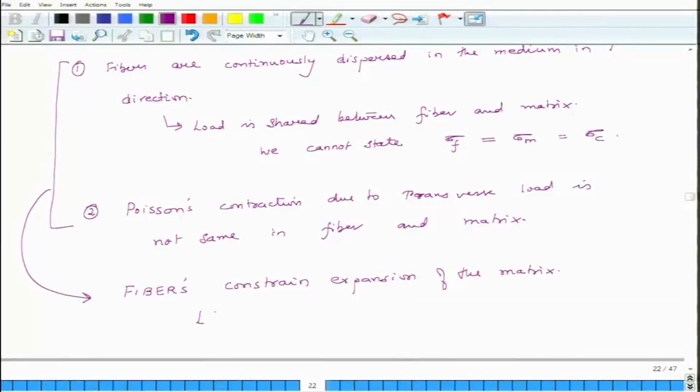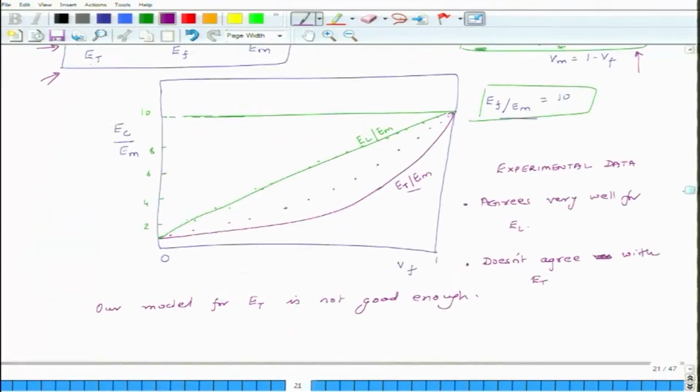So, this causes lesser delta C. If delta C is less, this will lead to higher ET. For the same stress, there will be less extension, less strain, which means higher ET. And that is the physical reason why a lot of this experimental data shows these are experimental point, is higher than the predicted value of ET.